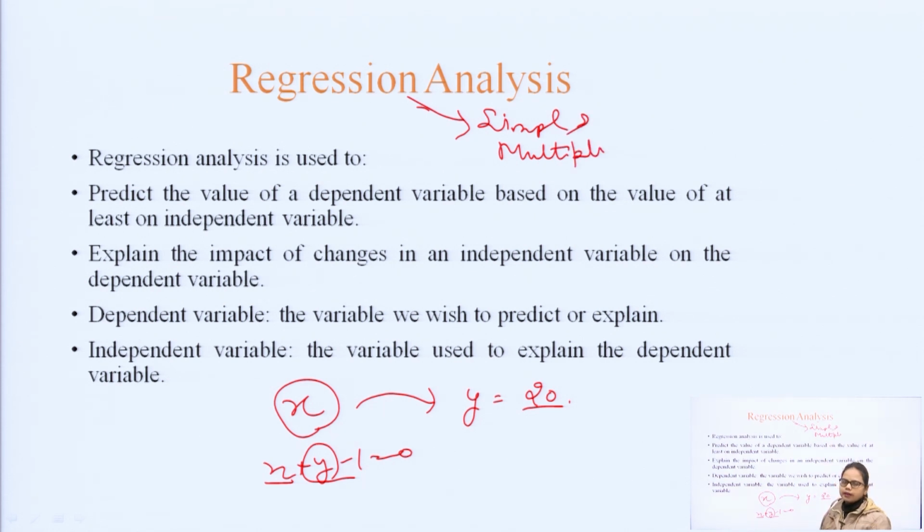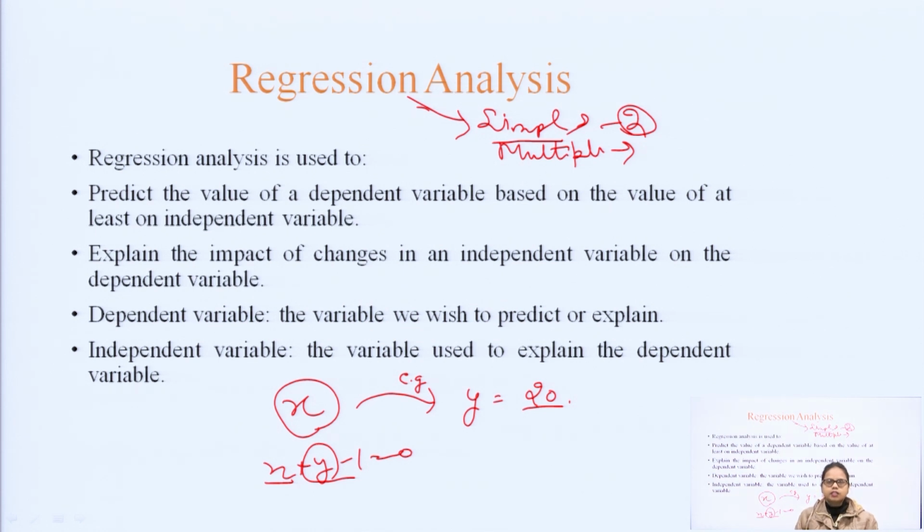In simple regression, we have two variables, but in multiple regression analysis, we have more than two variables. For example, in simple regression, where there are two variables, you have to predict the height of a child from his parents' height.